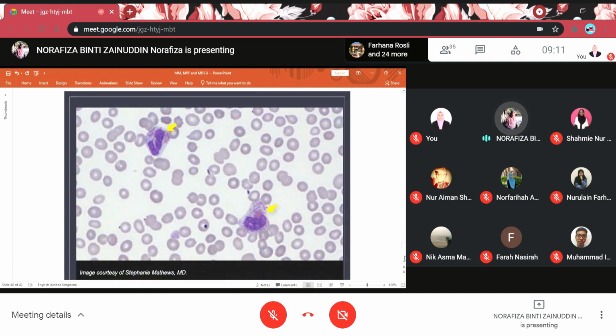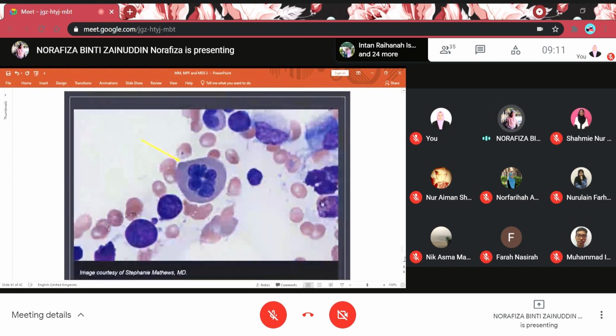So this is also abnormal eosinophils in this image, which can be seen in patients with MDS. And this is an example of a dysplastic erythroid precursor, also seen in patients with MDS.